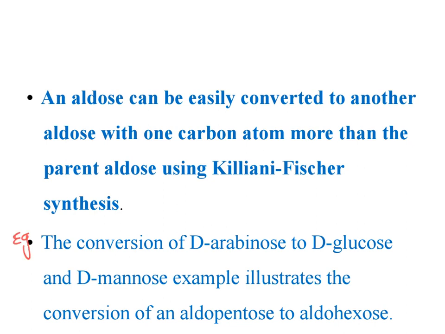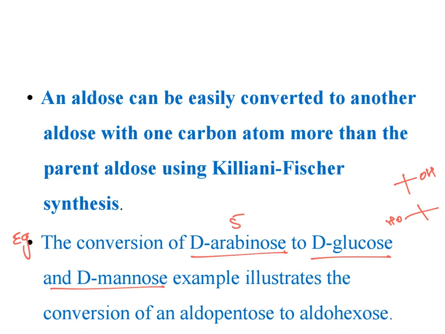Example: conversion of D-arabinose, a 5-member carbon chain length carbohydrate, to 6-member carbon D-glucose and D-mannose. When we increase the carbon chain length by 1, we always get two isomers, because once a chiral center is formed, the OH may be on the left side or on the right side.